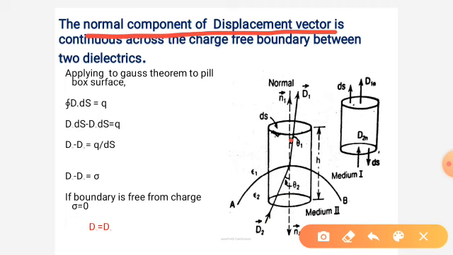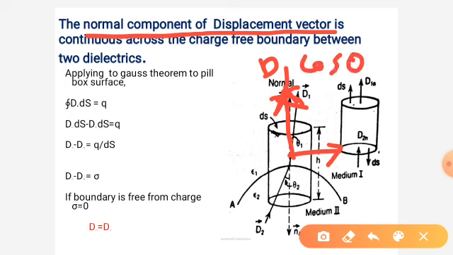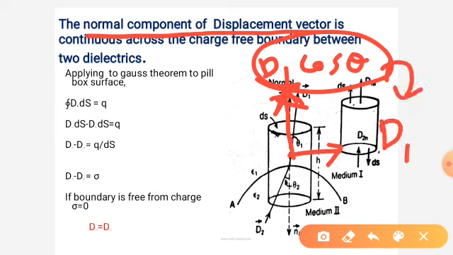Here is d1, they have two vectors. This becomes d1 sin theta 1, this is d1 cos theta 1. We have to take the normal component, so it is d1 cos theta 1, which we represent as d1n.